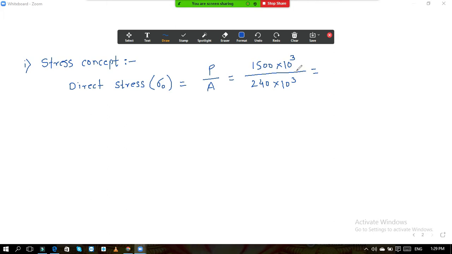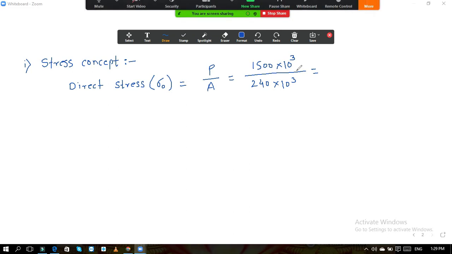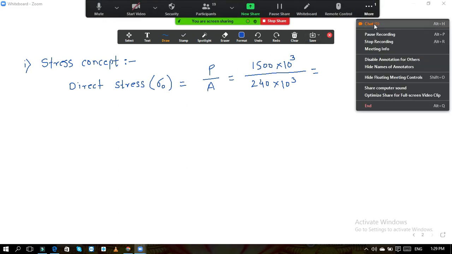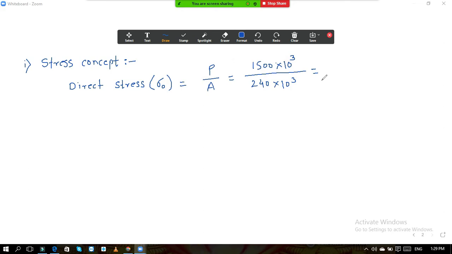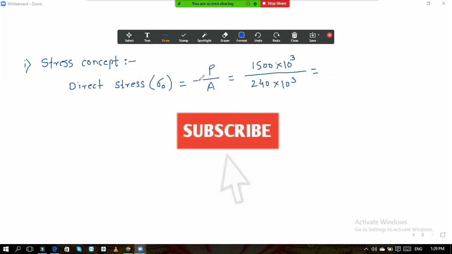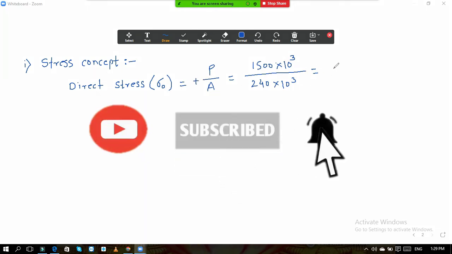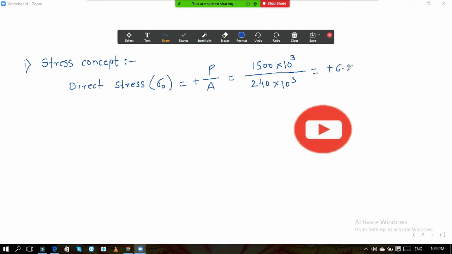So the value of direct stress, P by A, works out to be how much? Calculate the value. 6.25. Okay, so direct stress is the compressive stress which is always positive. So it is plus 6.25 Newton per mm square, that is megapascal. Okay, so this is the direct stress.